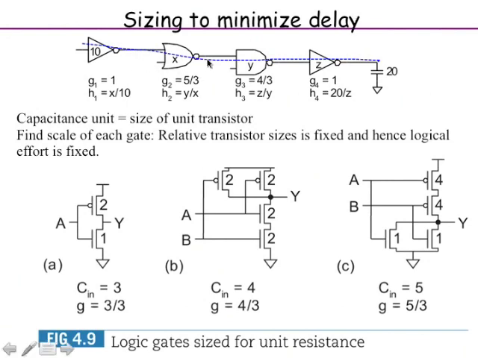So that is what is done here, where you have 10 as the size which is given and the load which is of size 20. Now what are these numbers 10 and 20? What are the units? In fact, for convenience, all numbers have been converted to the sum of sizes of transistors. 10 is the size of NMOS plus PMOS.